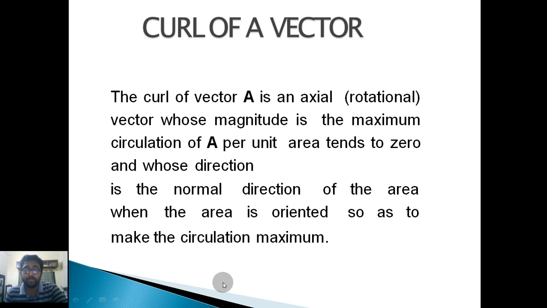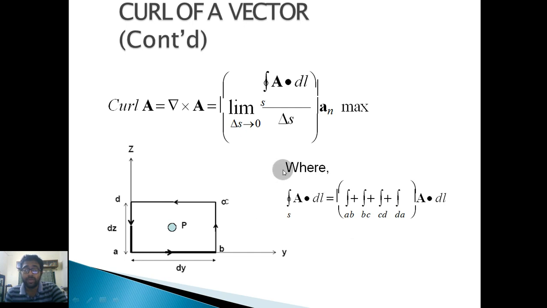It means, first of all, the magnitude is the maximum circulation of A per unit area. For unit area, we have divided the line integral of that closed path by del S. By dividing by del S we get the per unit area value of the maximum circulation.